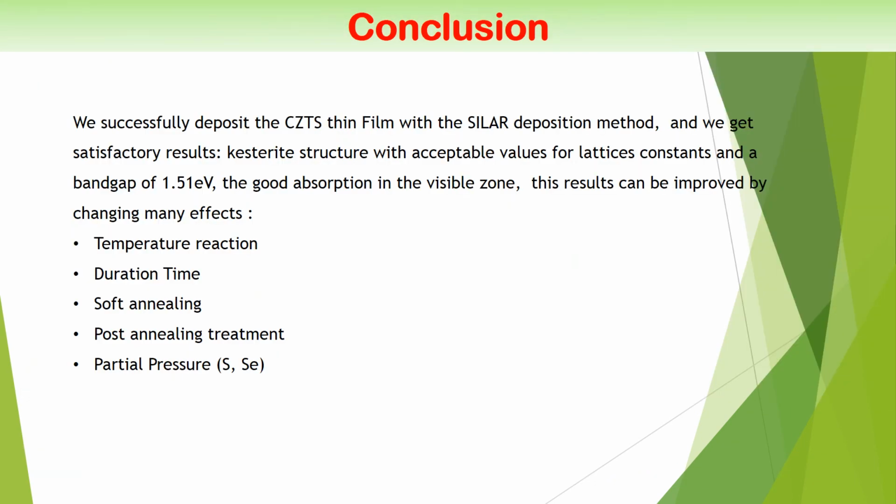So finally, in the conclusion, we successfully deposited the CZTS thin films with the SILAR deposition method, and we got a satisfactory result, with characteristic structure, acceptable value of lattice constant, and a band gap of 1.51 electron volt, with good absorption in the visible zone.